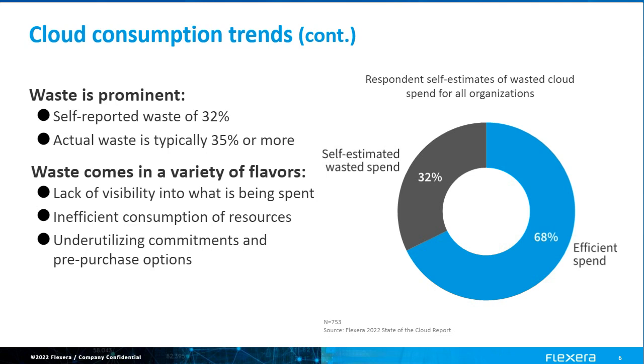Another one is putting more on your plate than you need, which is inefficient consumption of resources. And this is something that I myself was guilty of. Back in the data center days, every 5 years, our boss would come along and say, hey, we're doing a tech refresh. What do you need for the next 5 years? This is your one shot. So, of course, we asked for the moon, and we got a bunch of stuff. And 6 months after that, I had a bunch of excess capacity.